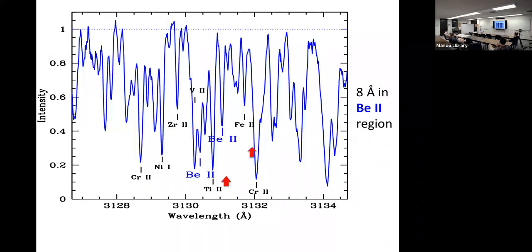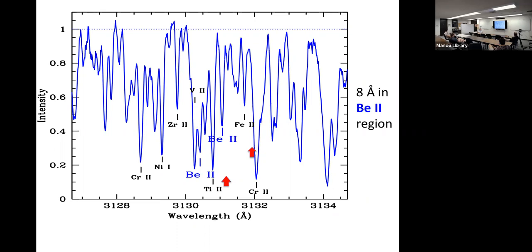Now I'm going to show you a modern spectrum like that. I'm sorry, I messed that up. It's ionized zirconium. Vanadium is the other one. So that line all by itself was zirconium, and then you see the 2 beryllium lines I have with little red arrows.